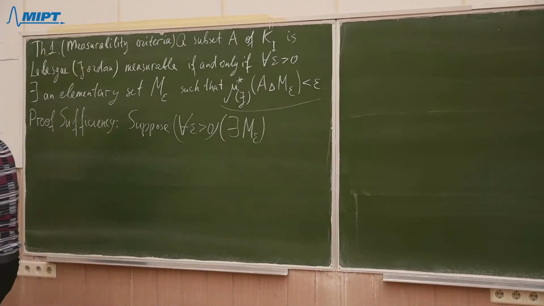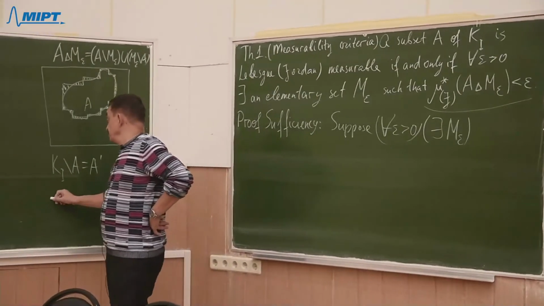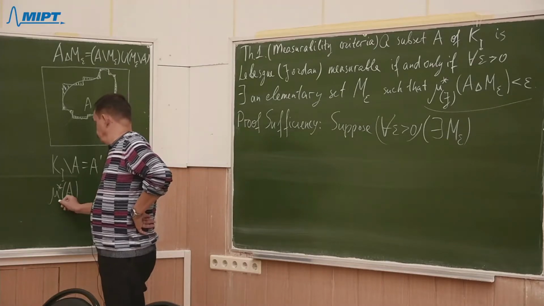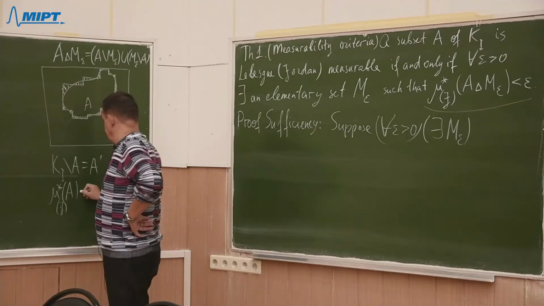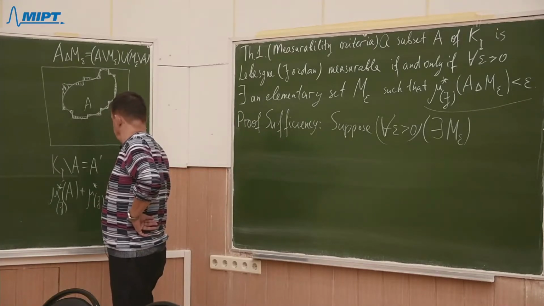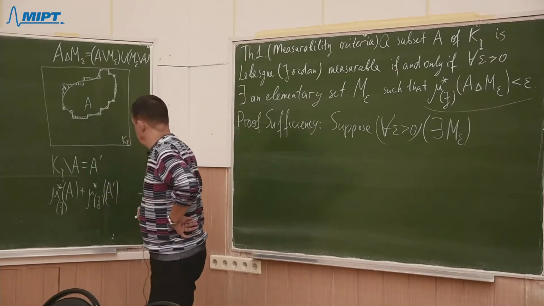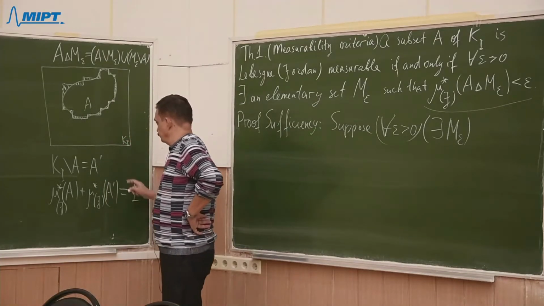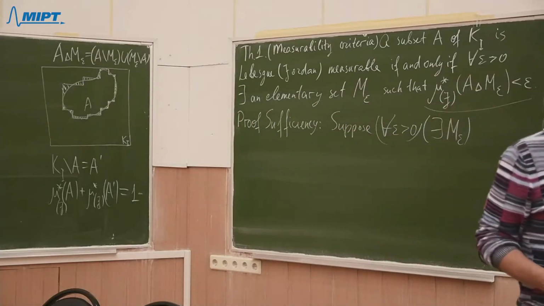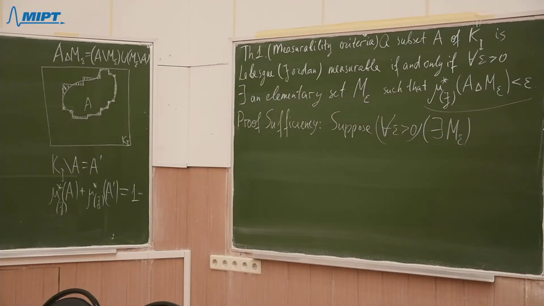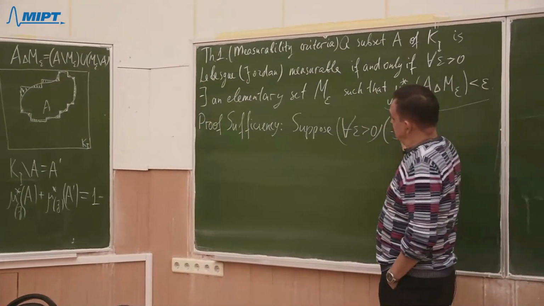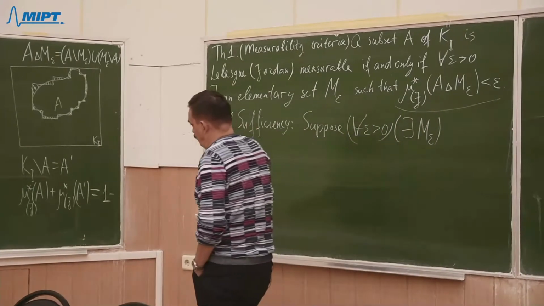So, A prime and measurability means that the sum of the Lebesgue or Jordan outer measures should be equal to 1. 1 is the measure of the whole cube. So, you see, we suppose this condition is satisfied and we want to prove that.